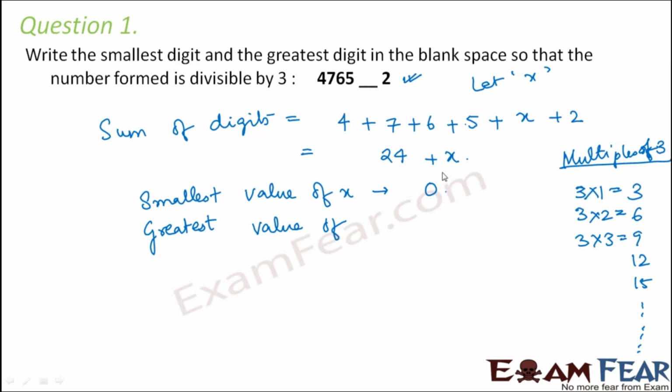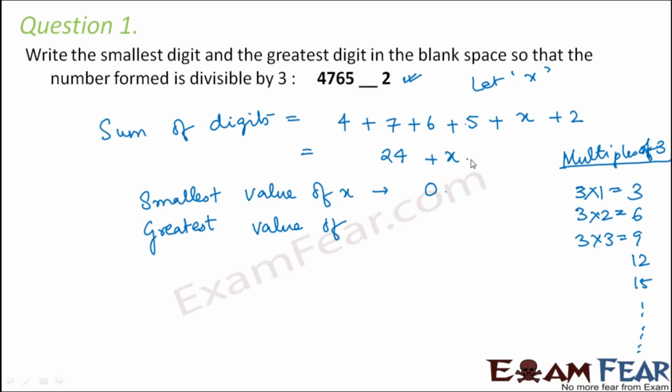So when you look at it, the smallest value of x could be 0, and the next value of x could be 3, because if x is 3, then this becomes 27. So 27 is again divisible by 3. The next value of x could be 6. The next value of x could be 9.